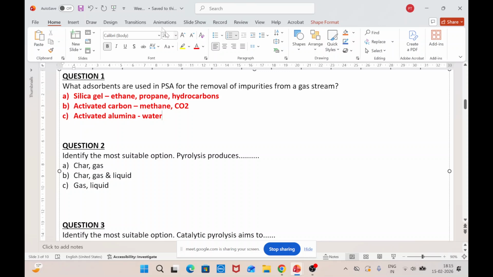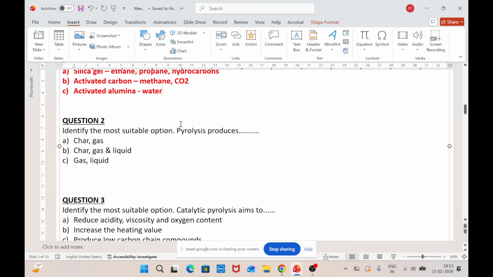Now, moving on towards question 2, identify the most suitable option. Pyrolysis produces char and gas, char, gas and liquid, or gas and liquid. This is an easy one, I mean, what we discussed right now.